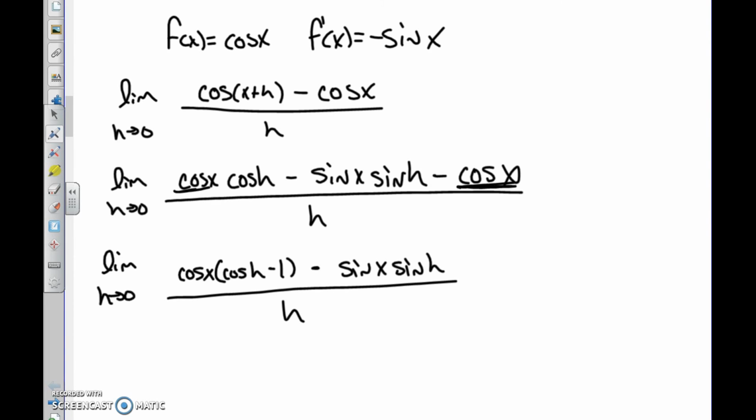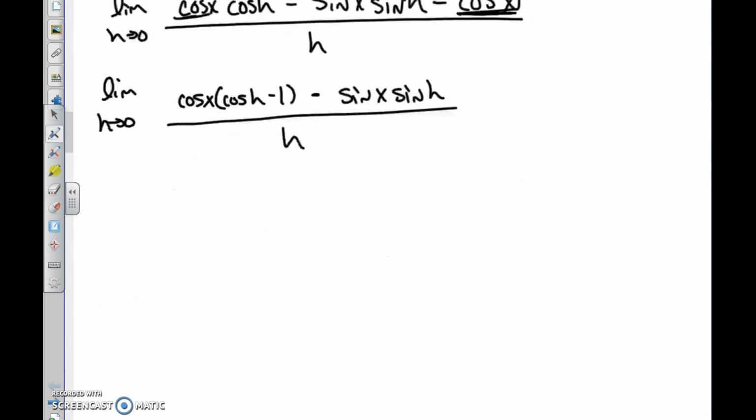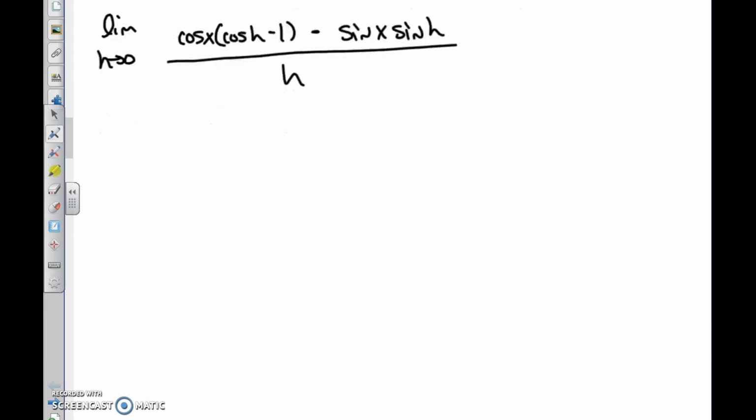Okay, so now with this step, what do I need to do? I need to fix that so it reads 1 minus cosine. So to do so, I'm just going to make that a negative that I factor out. Instead of being a positive cosine, we factor out a negative cosine. And when I do that, I end up changing the sign of both the cosine of h and the 1.